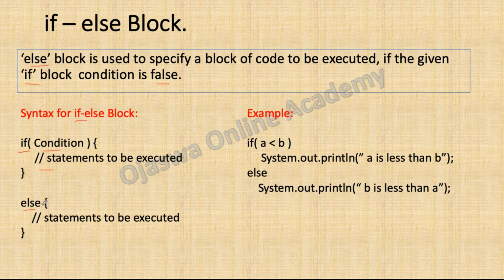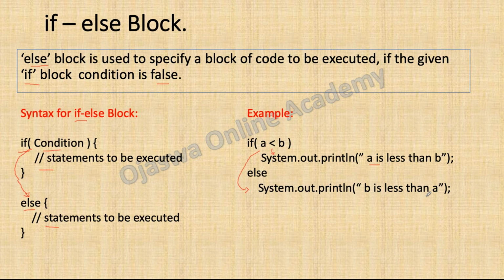You don't have to specify a condition over here because only when the condition is false, the else block is executed. So when the if condition is false, control will not go inside the if block, it will directly come to the else block and statements inside the else block execute. For example, if value of a is less than b, control will come inside if and it will print a is less than b. If value of a is greater than b, the control will go to the else block and it will print b is less than a.